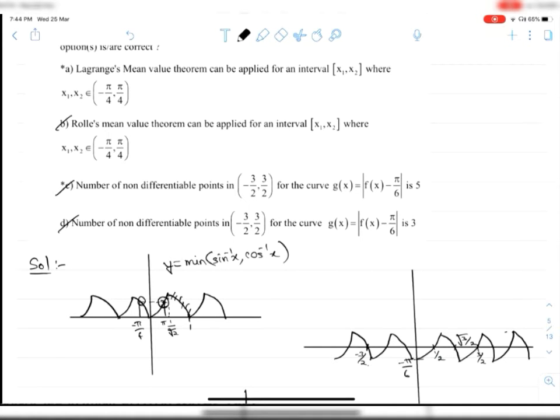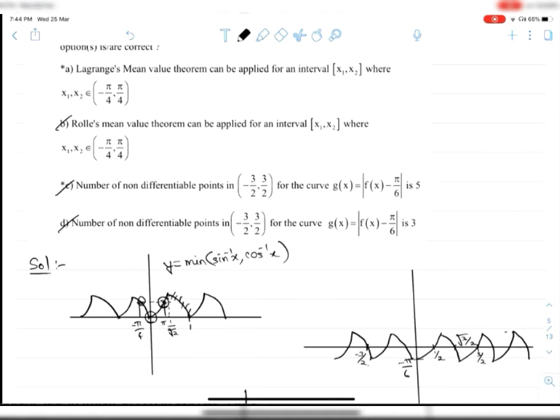I can't apply Rolle's mean value theorem because even though the functional values are equal, it is not differentiable. The slope might be 0 or may not be 0. In this particular case, it won't be 0. Hence I can't use Rolle's mean value theorem for whatever x1, x2 you took.